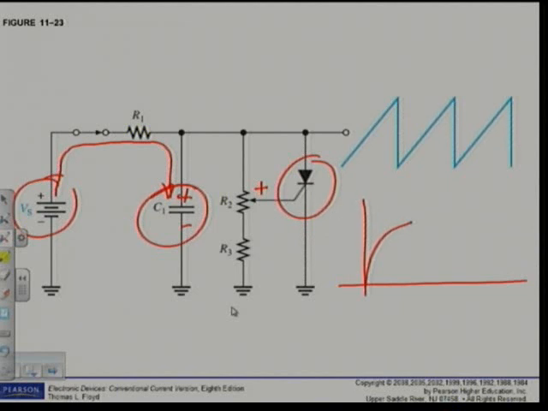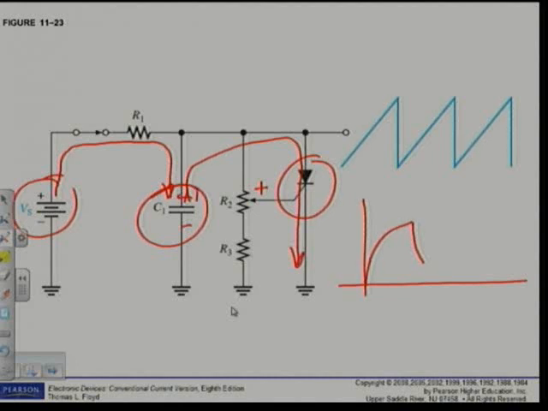When I trigger the SCR, it will go into conduction and will basically discharge this capacitor like this, through the SCR like that. It will discharge the capacitor and the voltage will decrease. Then, when the current drops to a value lower than the holding current, the SCR will turn off and the whole process will repeat itself.